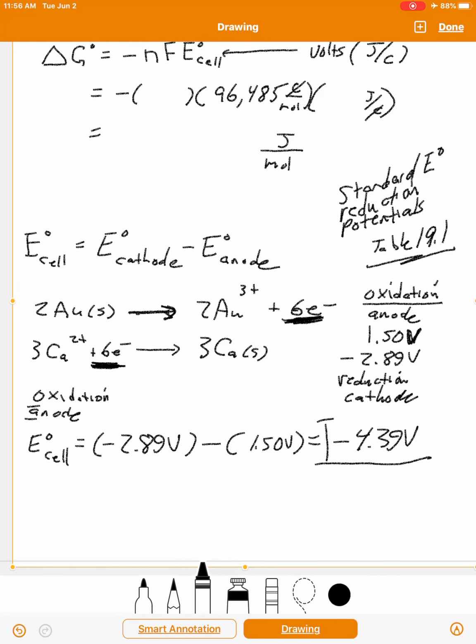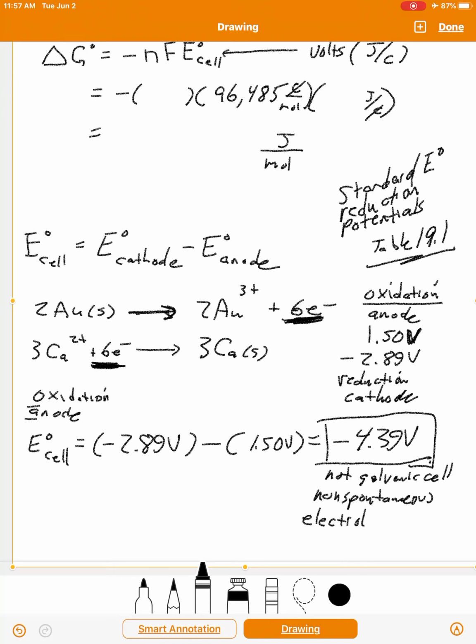Didn't we say in the earlier section that when you do a galvanic cell, you got to get a positive voltage? And that's true. The fact that we got a negative voltage means that it's not a galvanic cell. It's non-spontaneous. And so later in this chapter is a discussion of what are called electrolytic cells.